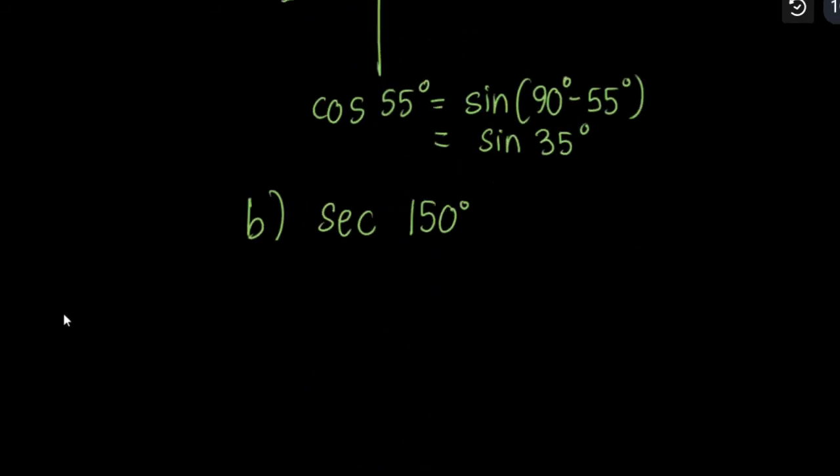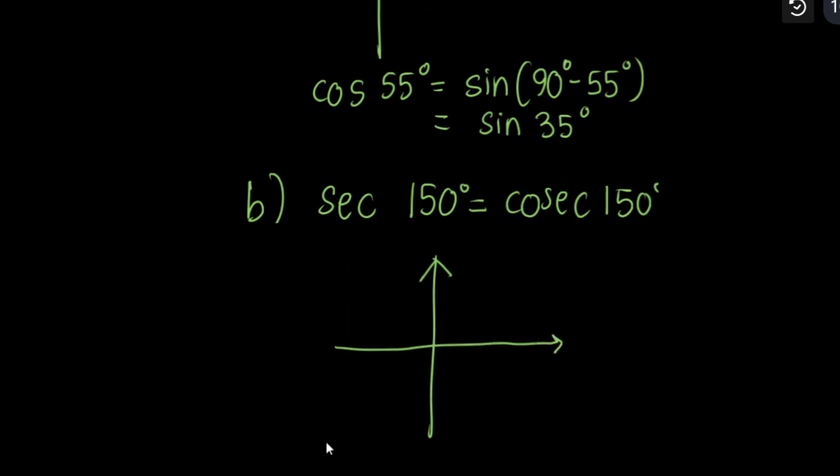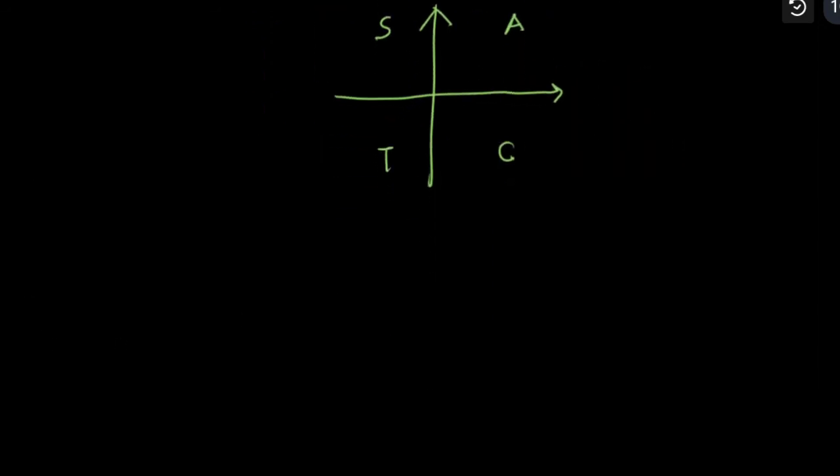But if the teacher changes this to cosecant 150, can I draw my angle for cosecant? Which quadrant will cosecant be in? There's no cosecant in the quadrant diagram. So don't write cosecant first. Wait first, do it this way.